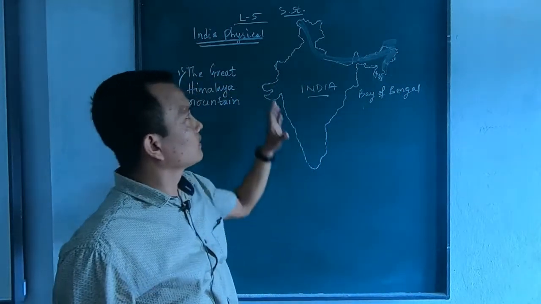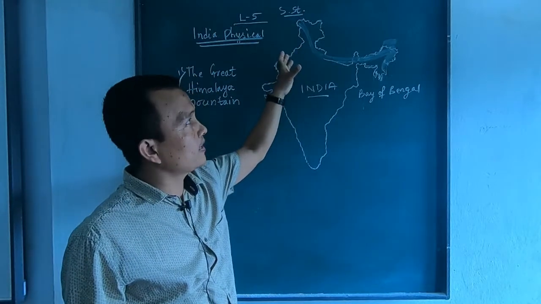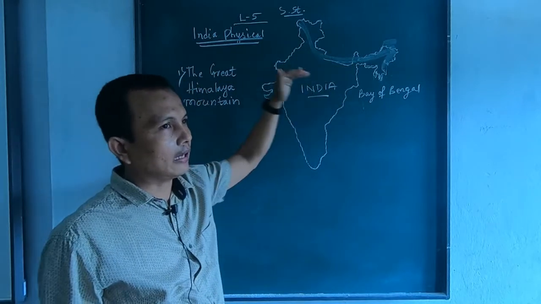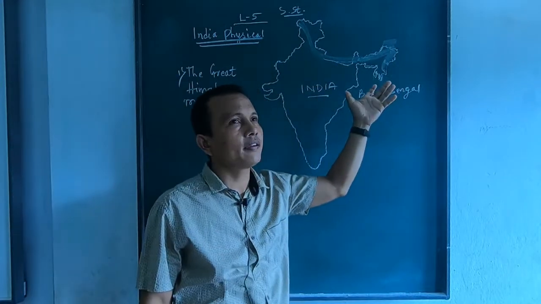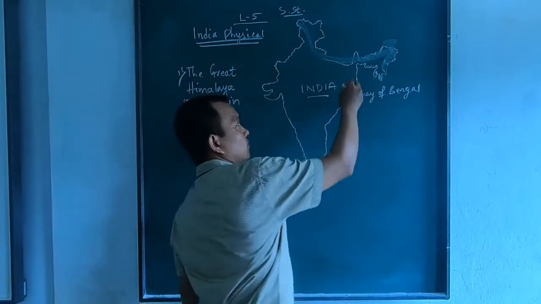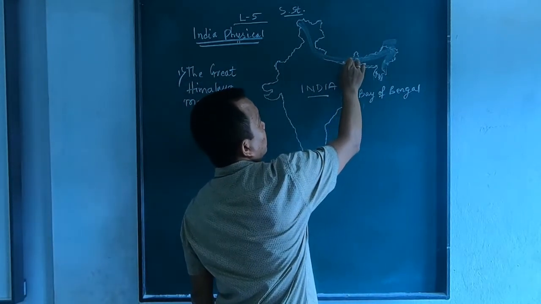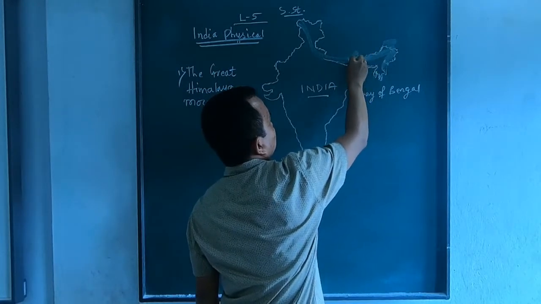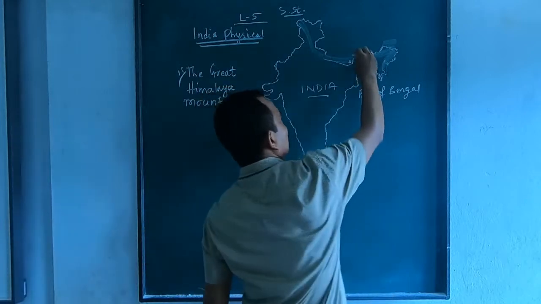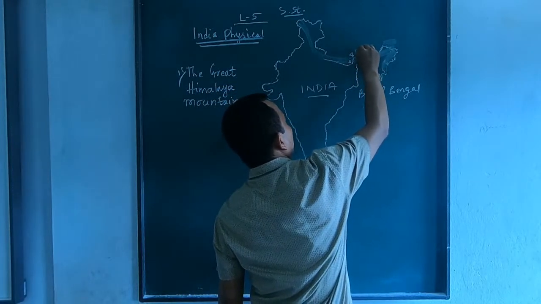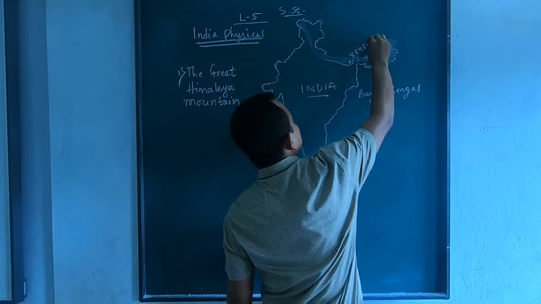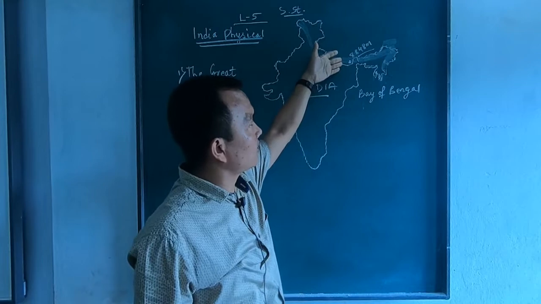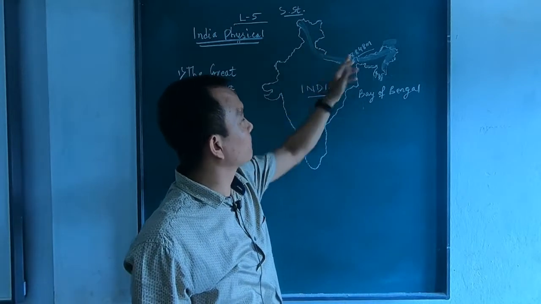The climate is extremely cold, and it is a frozen area, and the altitude is very high. As we know, Mount Everest is found in Nepal. It is about 8848 meters high. So it falls in Nepal, bordering with India.